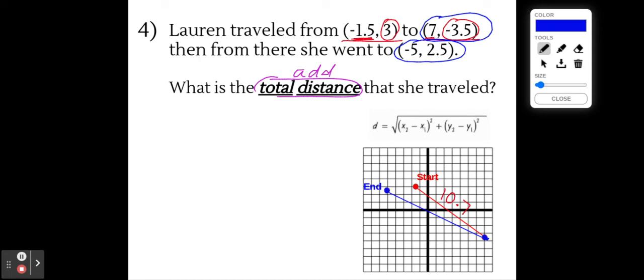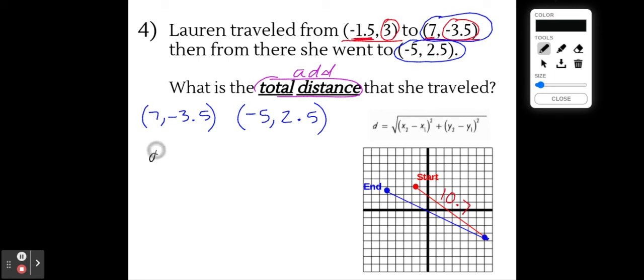Okay, so I'm going to be finding the distance from, maybe you want to rewrite it, 7, negative 3.5, and I'm going to the location of negative 5, comma 2.5. So now I got to find this distance. All right, my final answer in blue, but I think just for sake of, we'll do in black.